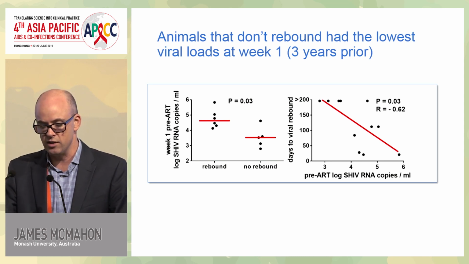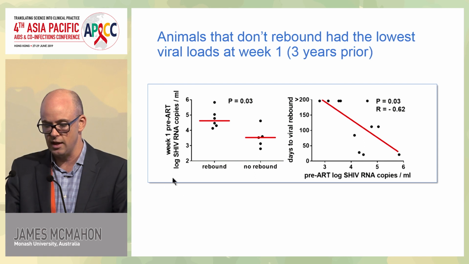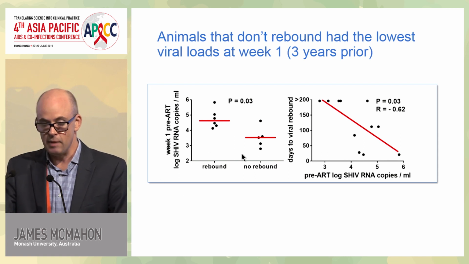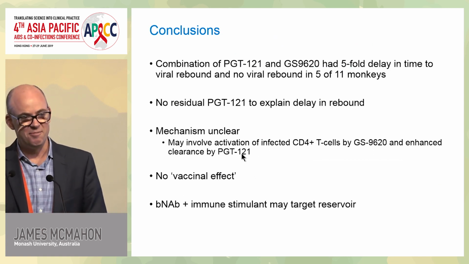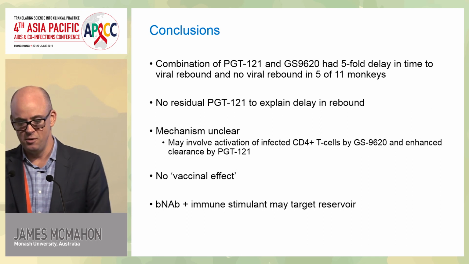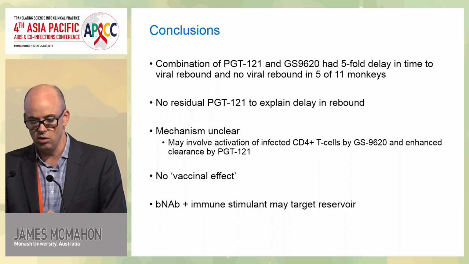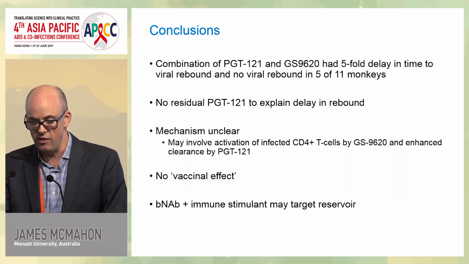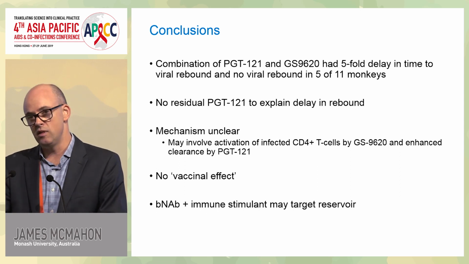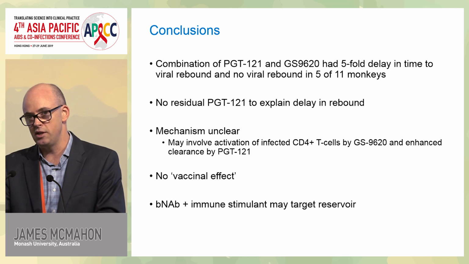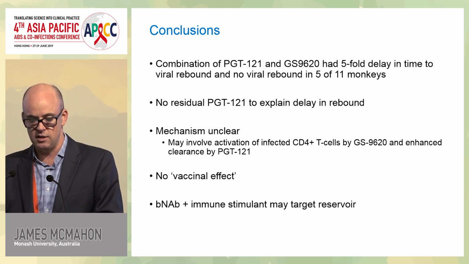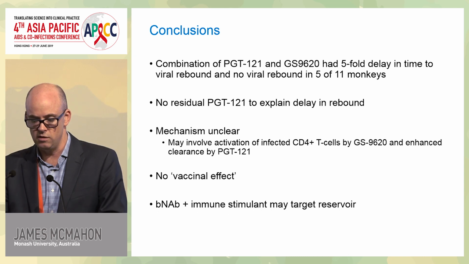That's only sort of 1,000 copies was their peak viral load before starting ART. But it's an important study, proof of concept, which is what these studies are trying to do. And maybe if these interventions can be combined, you could lead to control of HIV infection. And these studies are now underway with these combinations and other combinations of antibodies and toll-like receptors. So watch for these combinations in studies of immune interventions in the future.